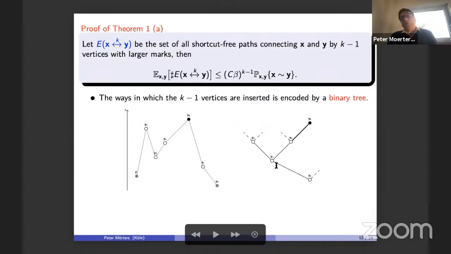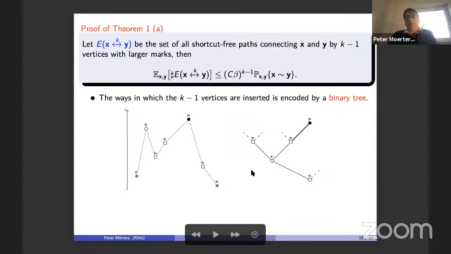So you encode where you have to insert your local maxima by a binary tree. And because the number of binary trees grows like at most 4 to the k, we can hide this in the c to the k-1 in this term here.